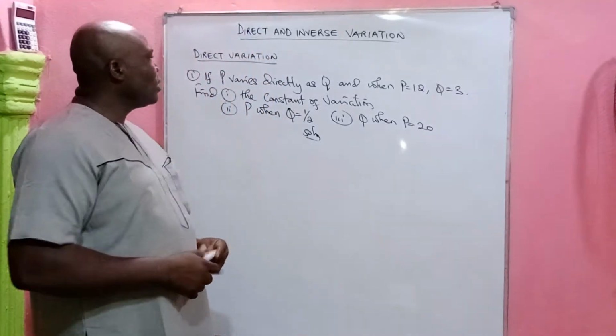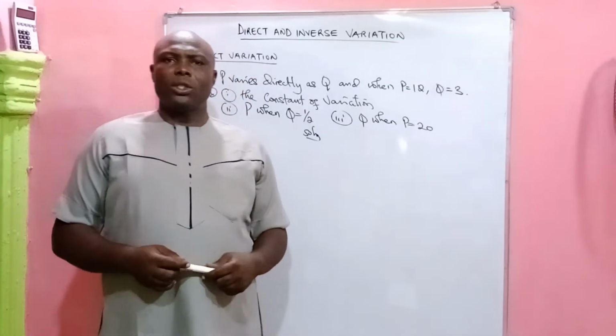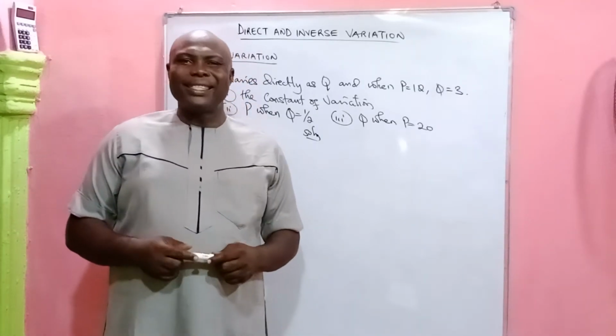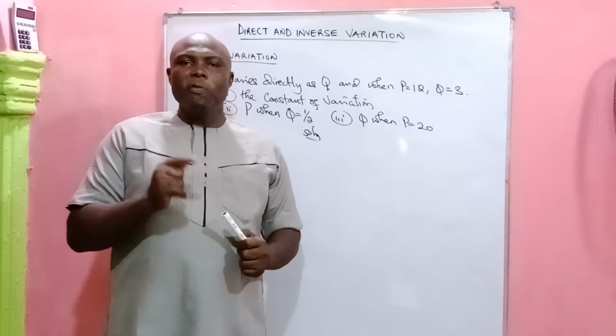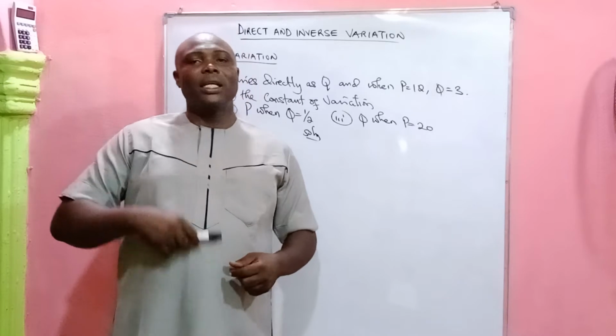All right, so direct and inverse variation. For direct variation, we are trying to look at the relationship that exists between two variables in the positive direction. The variables could be x and y.